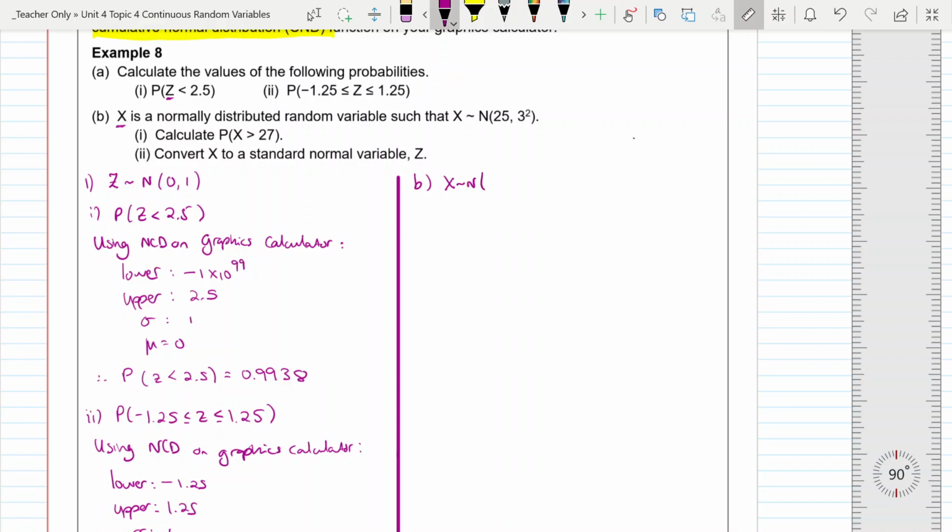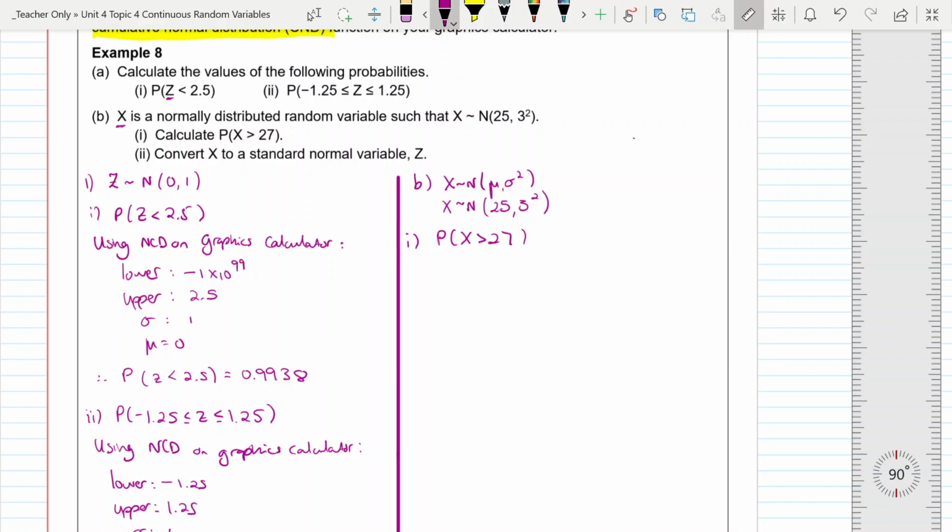Remember that our normal distribution is characterized by mu and sigma squared, so that then tells us that our mean is 25 and our standard deviation is 3, not 3 squared. Be careful. Okay. So our probability of X being greater than 27.